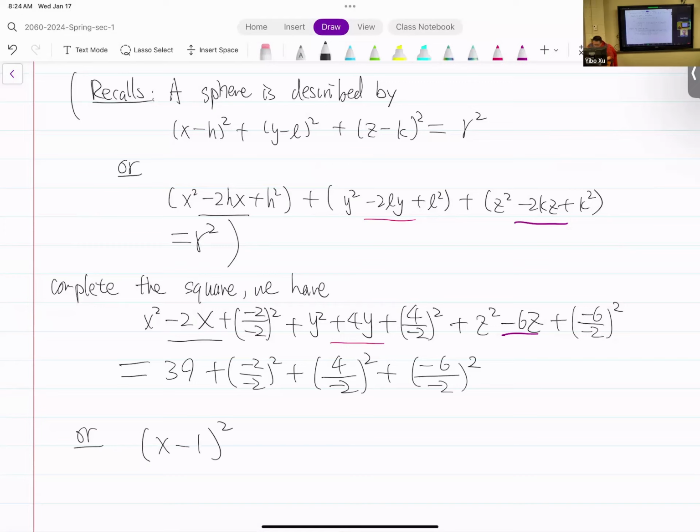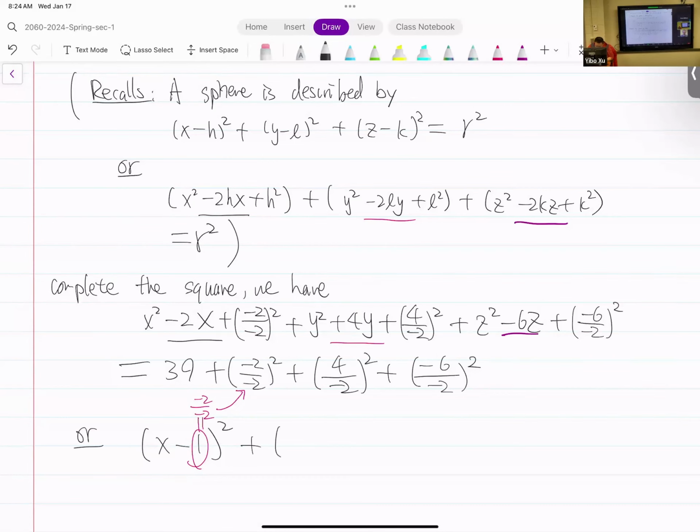So what's that 1? This 1 is exactly h, which is negative 2 over negative 2 right here. Okay. So that's the division that gives you the h.